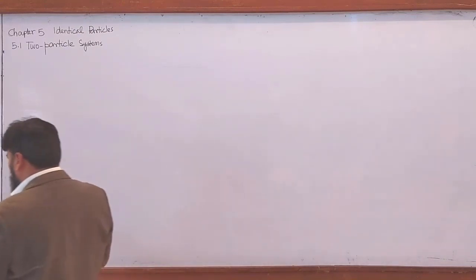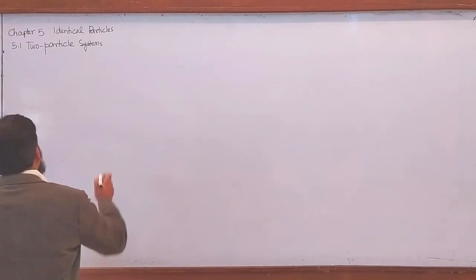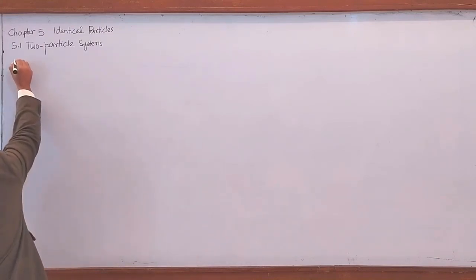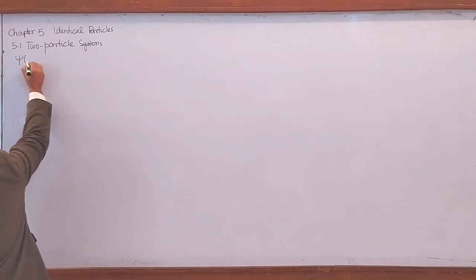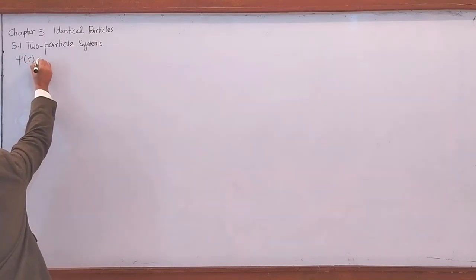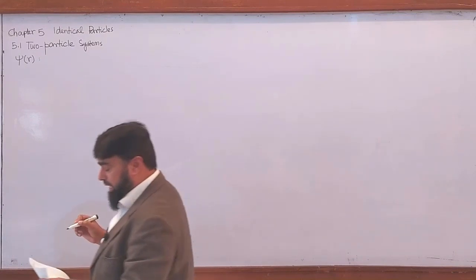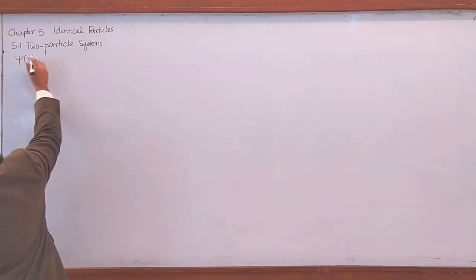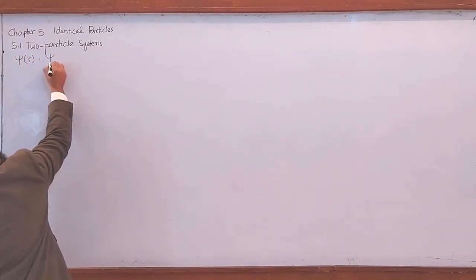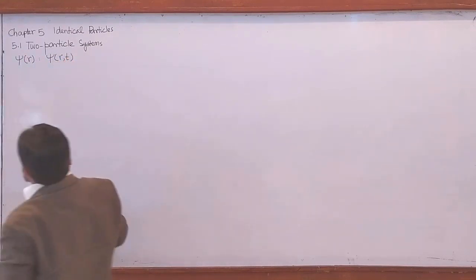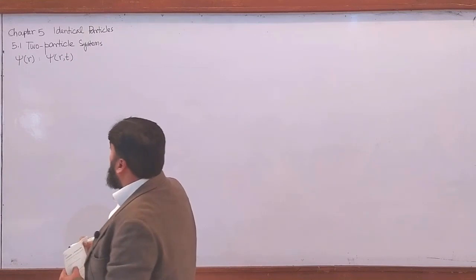So let's start with the two-particle system. In the two-particle system, I know that the wave function I was writing earlier is psi of r. Psi is a function of r for time independent, and for time dependent I was writing it as a function of r and t.